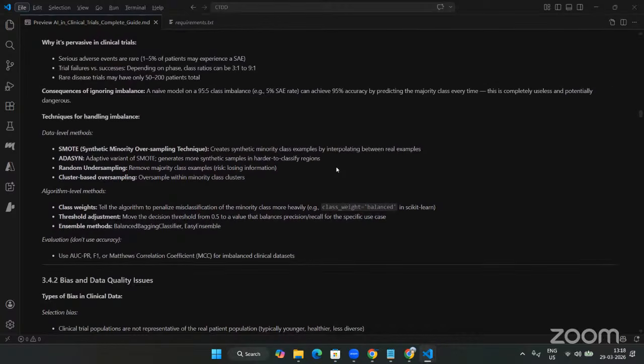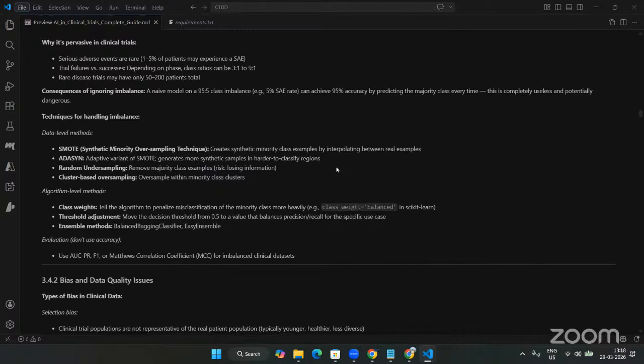We have data level methods. SMOTE is there, ADASYN is there, random undersampling is there, cluster based oversampling is there. SMOTE is the synthetic minority oversampling technique. Whatever is in the minority, oversample it: create more synthetic minority class examples by interpolating between the real examples.